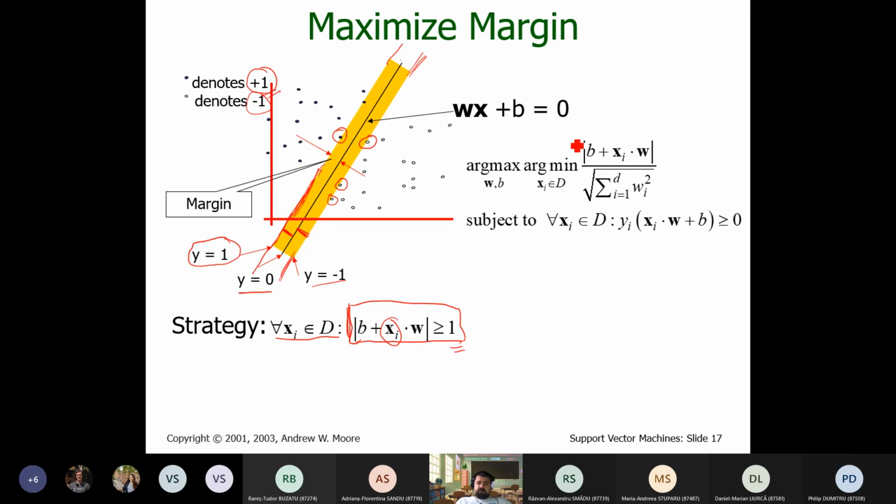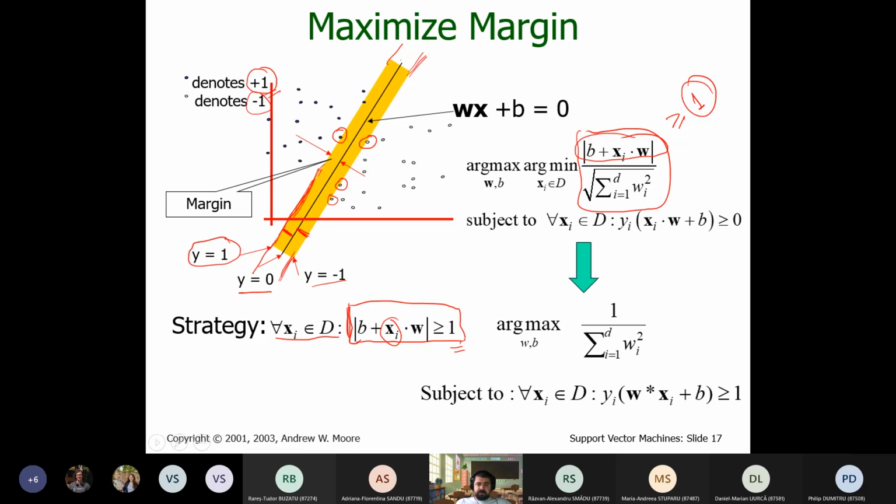So if we want to minimize this distance, and we know that for all the points from the dataset, the value of this is greater or equal to 1, it means that the minimum value of this will be exactly 1.